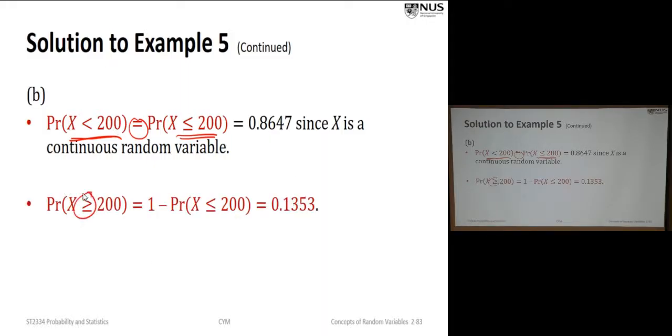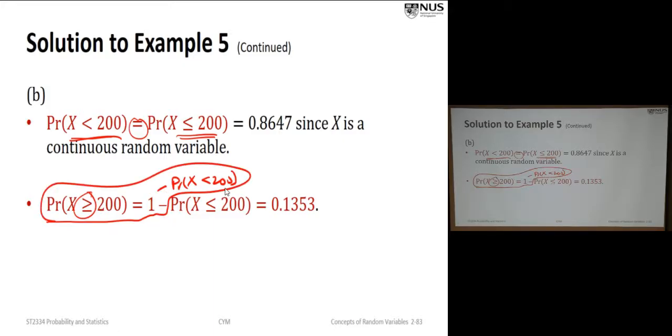Then this is at least 200, so it's greater or equal to 200. Now, strictly speaking, this is not correct. It should be 1 minus the probability of x less than 200. Sometimes it's too lazy to write so many steps, but you must understand why you can do it this way. Strictly speaking, this equals 1 minus this one, because this is the complement event of this.